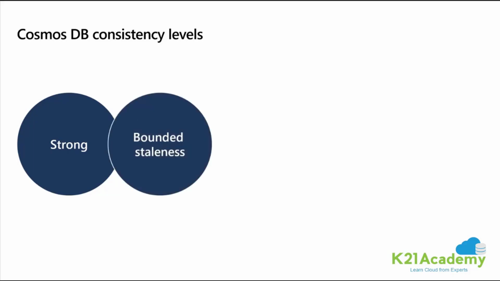Secondly, we have another consistency called bounded staleness. Bounded staleness can be done in two methods. You can do time-based staleness, you can do version-based staleness. So if I set the version of staleness equal to 5, then what will happen if multiple transactions are going on? Let's say A, B, C, D, 1, 2, 3, 4, 5, like that. And you have specified staleness to be 5.